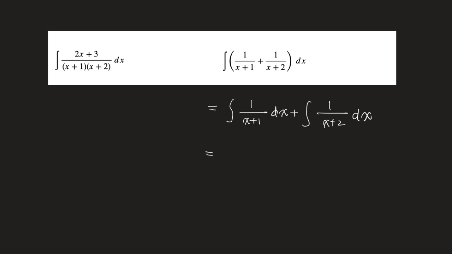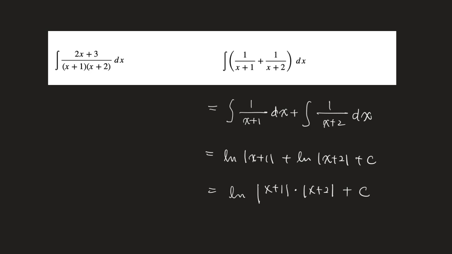Then each integrand is going to be a ln function. So we're going to use the log property, and this addition you put together. That's how to find this integration right here, guys, right?